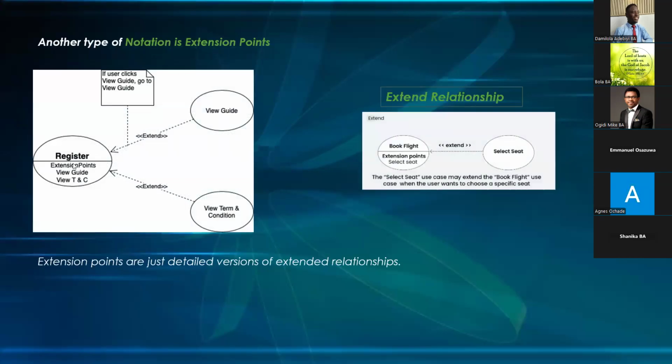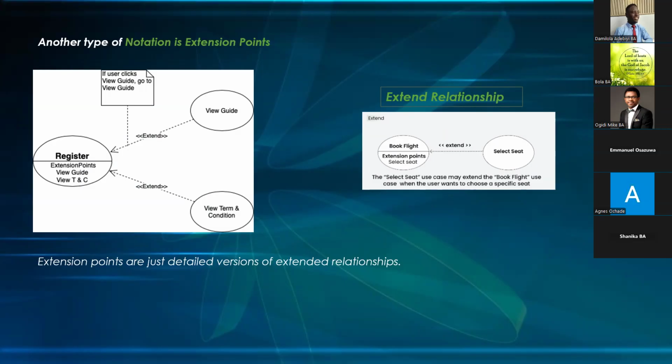But when I explain, you get it. Now, if you look at this, register is a use case on its own. True or false, everyone? So register here is a use case. Yeah, true. Now, if you want to register, say you don't know what it takes to register, that becomes a challenge.